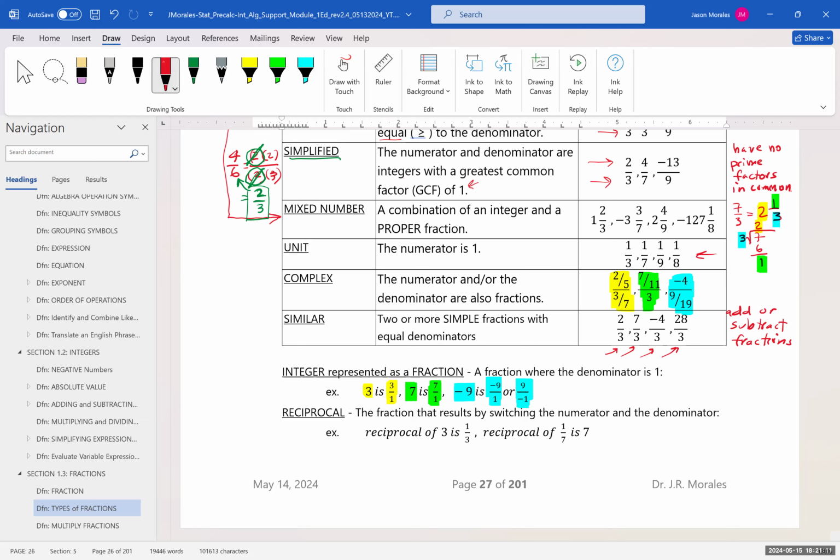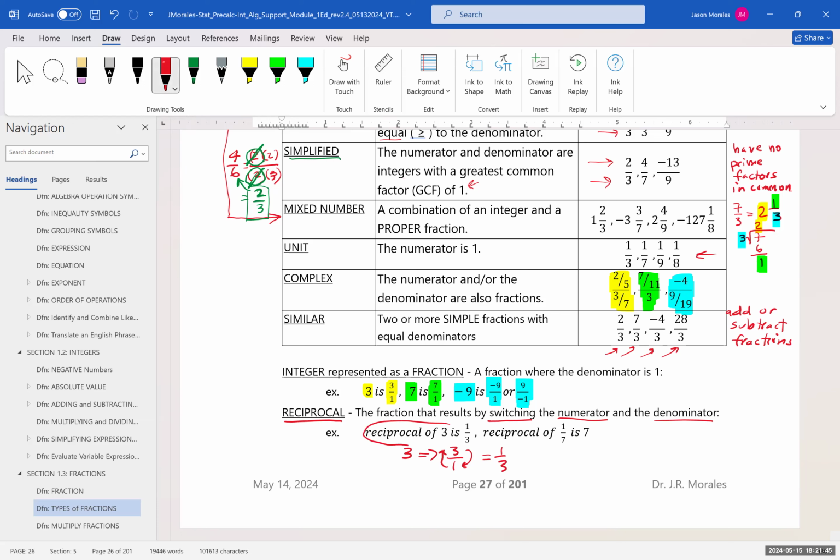Another operation or way that you can manipulate a fraction is called a reciprocal. A reciprocal is the fraction that results by switching the numerator and denominator. So if you have 3, remember in the previous step, we can write that as 3/1. Now take the reciprocal of that, switch numerator and denominator, and what do you get? You get 1/3.